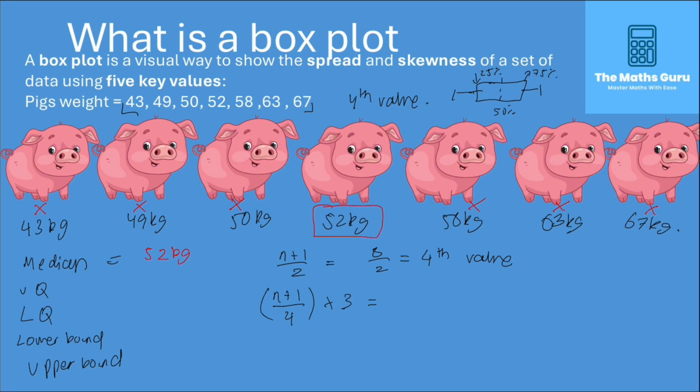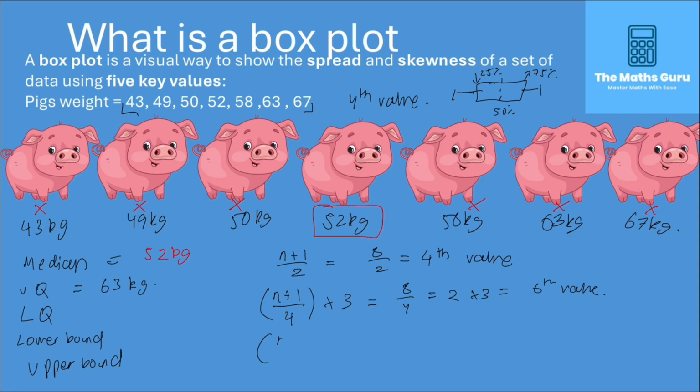And our 25% represents our lower quartile, and our upper quartile is represented by 75%. So we plug it in and we get 8 over 4 is equal to 2 times by 3 is equal to the sixth value in the line, which gives us 1, 2, 3, 4, 5, 6. We have that the 63 kg pig is our upper quartile.